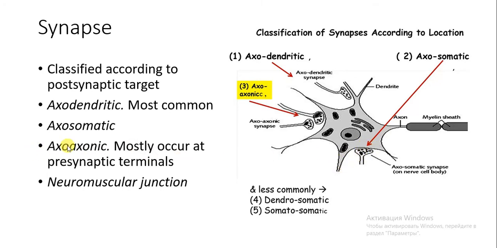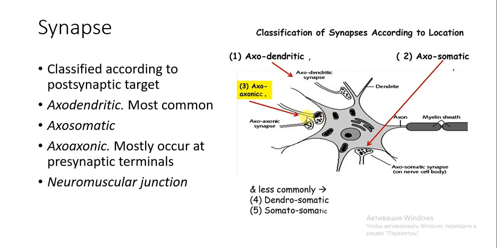I also have axonic. The axonic synapse is well shown here on this diagram. Axonic synapses also happen to depress synaptic transmission. It causes a repolarization before the activation of the synaptic knob, and the synaptic vesicles are not released outside.